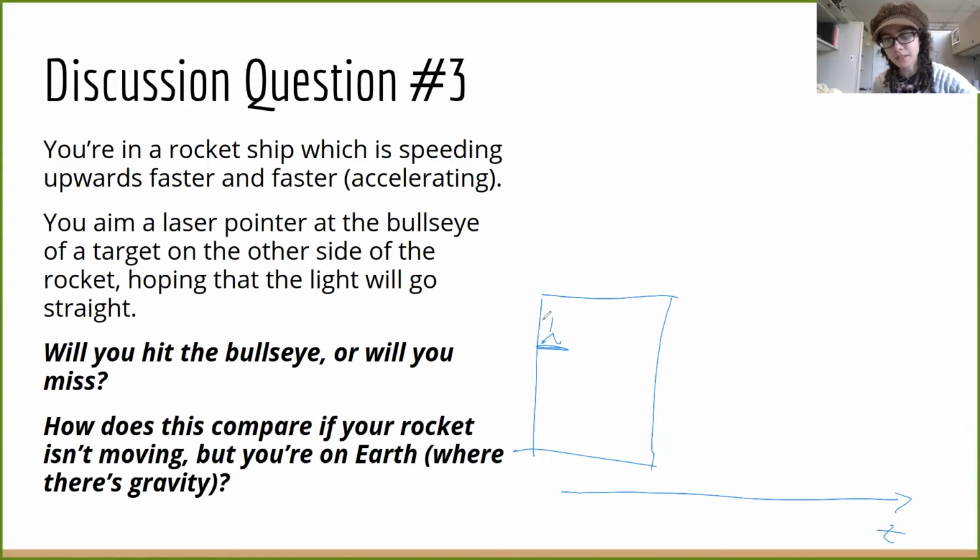You shoot the laser from here at the bullseye. And let's say that's 1 second. Then at 2 seconds, the rocket has moved a little bit up.